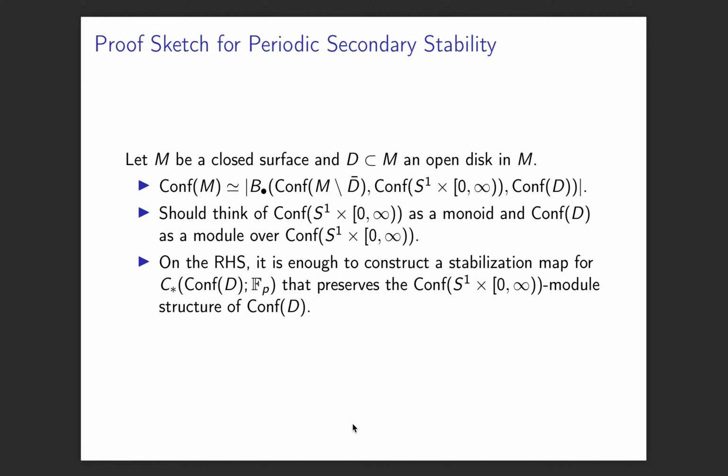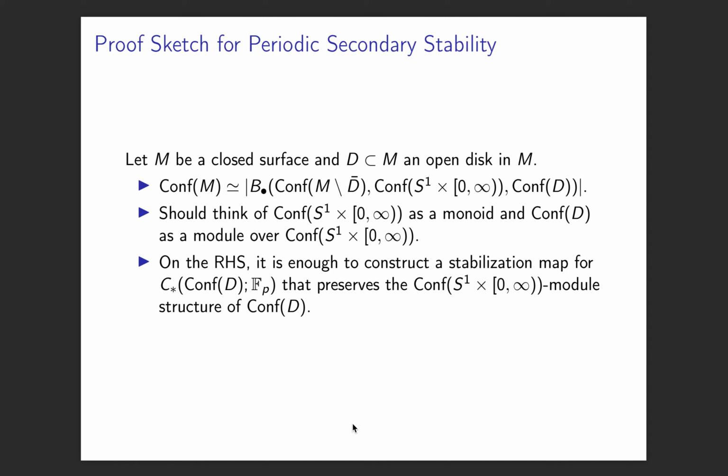So we have that for a general manifold, not just a surface, the configuration space on M can be broken up into a bar construction involving the configuration space of M with the closure of the disk removed, the configuration space of S1 cross the closed interval from 0 to infinity, and the configuration space of points on a disk.